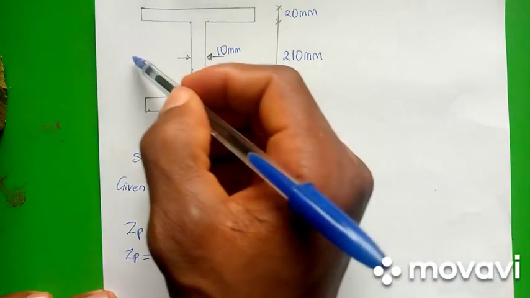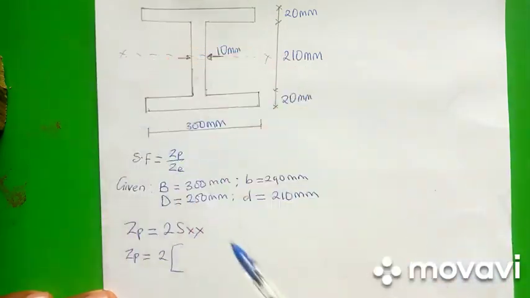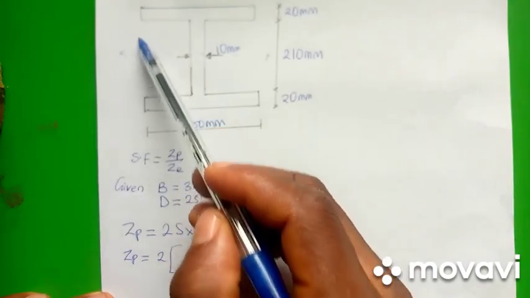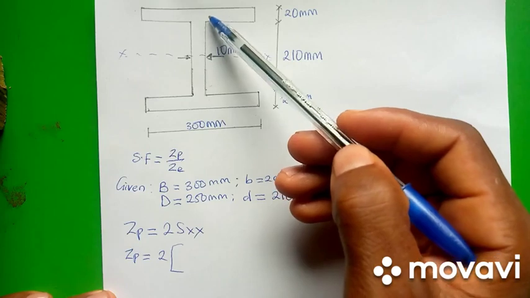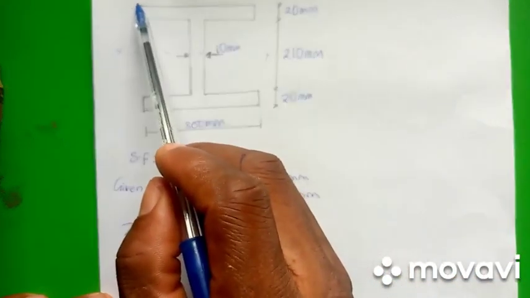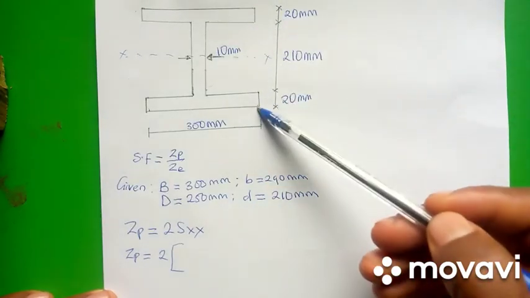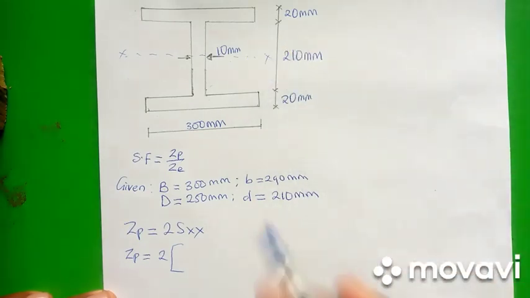Zp is equal to 2. So when we take a moment here, let's assume we'll call this x. It means that we are going to calculate the shape that will be left here, then multiply by the centroid of the shape. And we already know that this is 300. And if from here to here is 250, that means half of it will be 250 over 2.